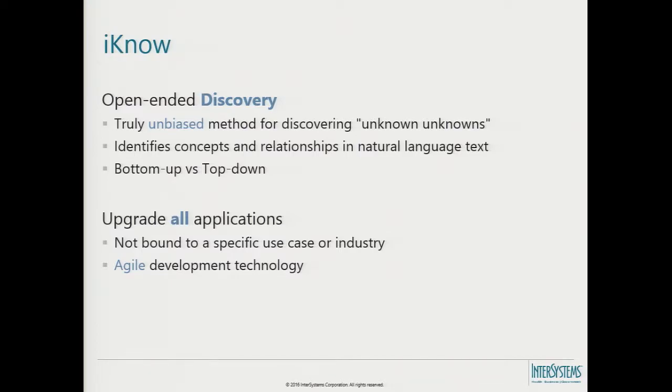So we just give you what's in your data instead of, for example, Google, where you still have to say, okay, I'm searching for this word, give me all the text where this word is found.